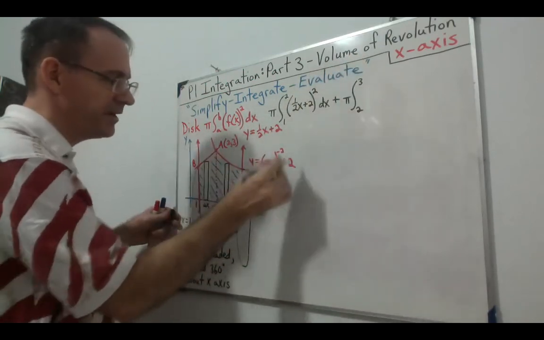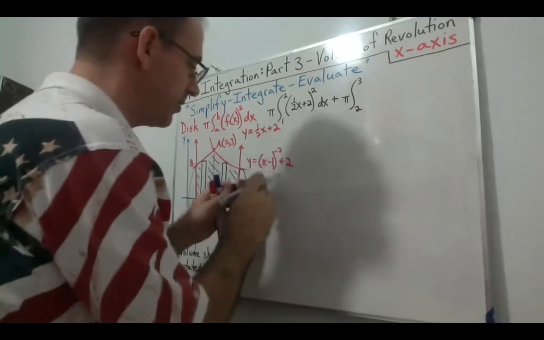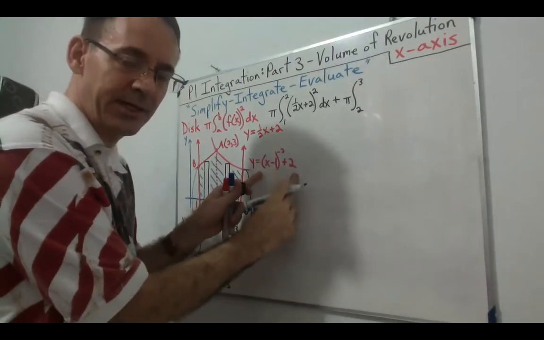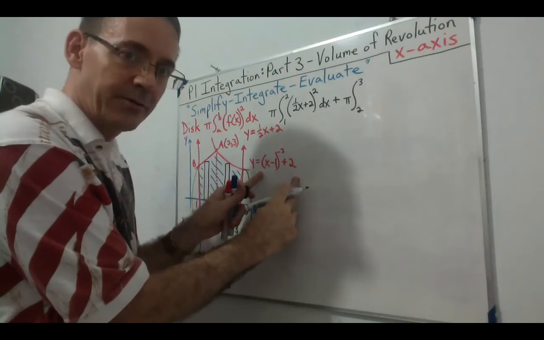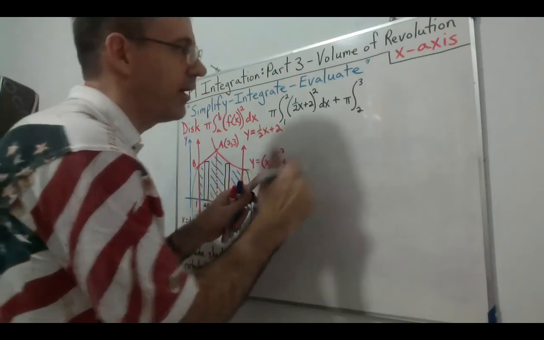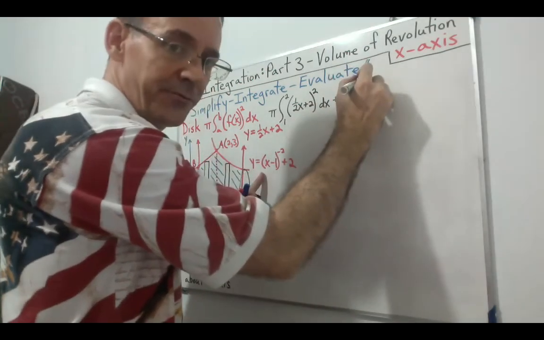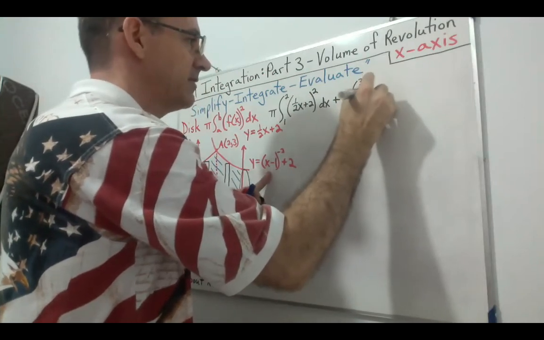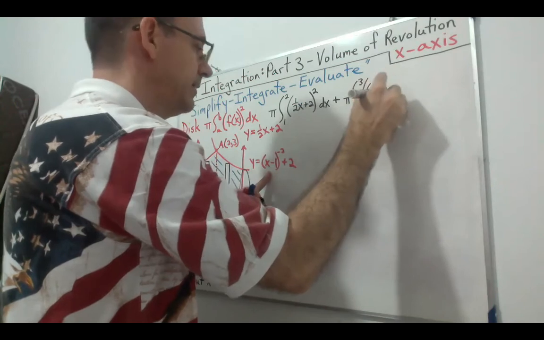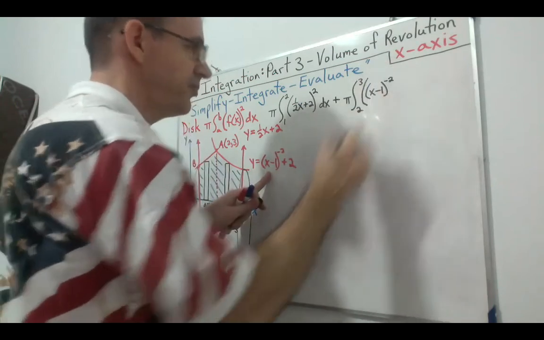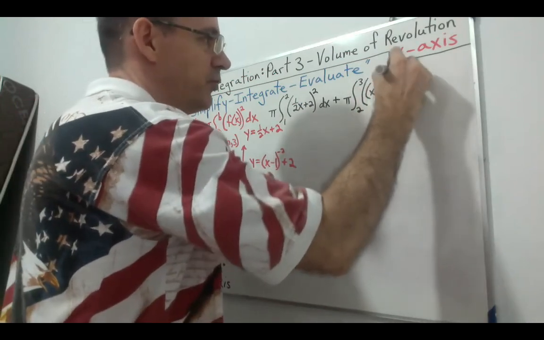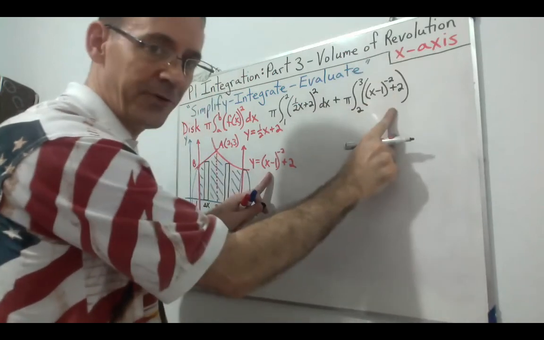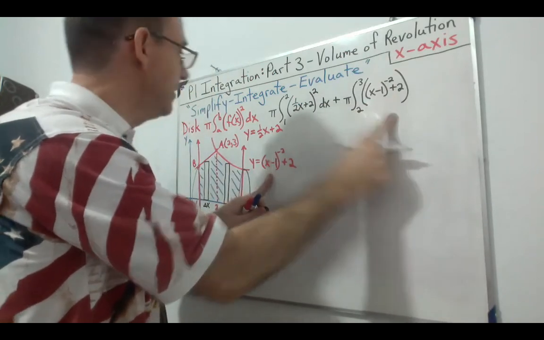And the height of this is determined by this curve. Now notice this curve is a little bit bigger than normal as well. So don't be afraid of it. Just put it in here. So we have x minus 1 to the negative 2 plus 2. And all of that is our function, or the radius here.